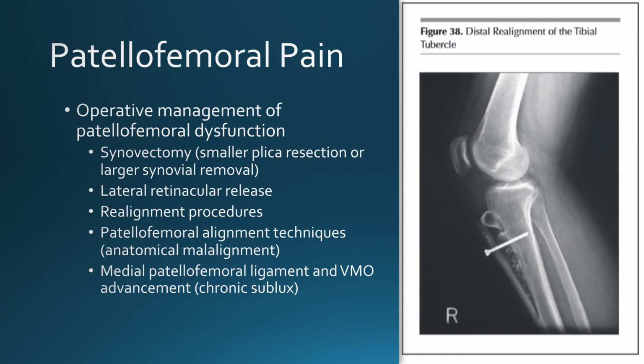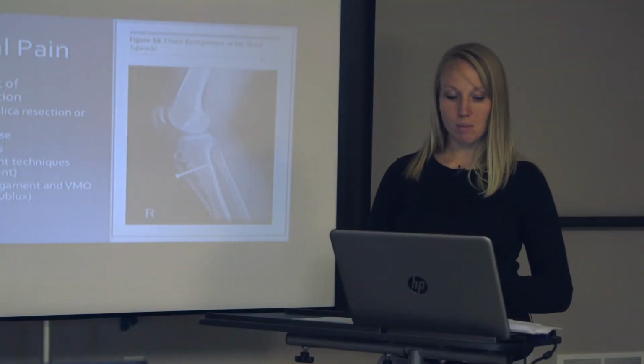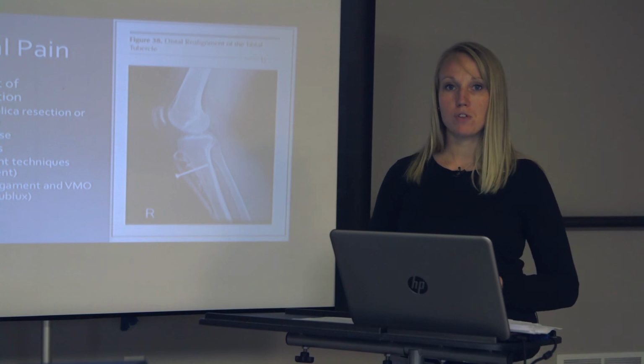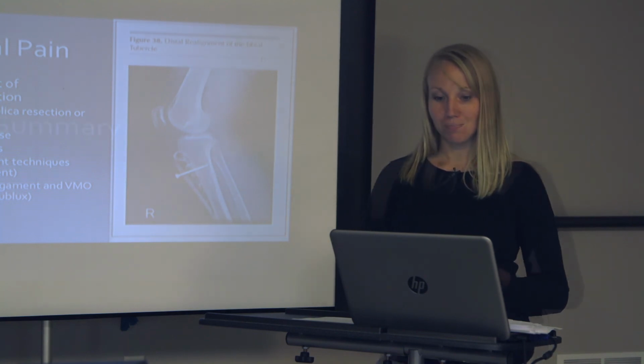The patellofemoral alignment techniques can also be performed, and this would be if there was more of an anatomical malalignment. And then we can also see the medial patellofemoral ligament and the VMO advancement. This is more for chronic subluxation, and we'll often see this procedure done with a lateral retinacular release as well.